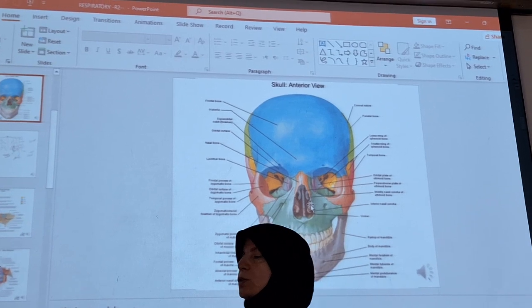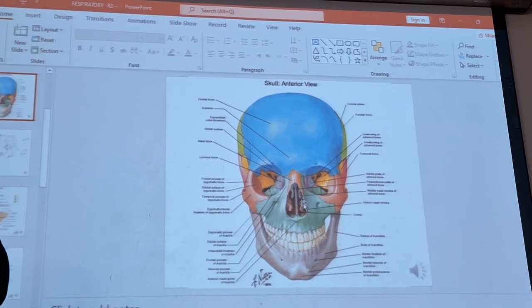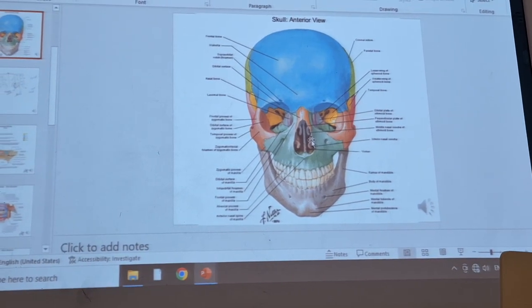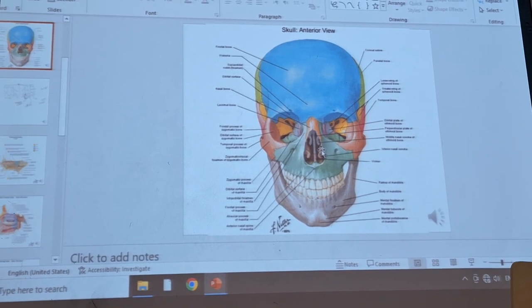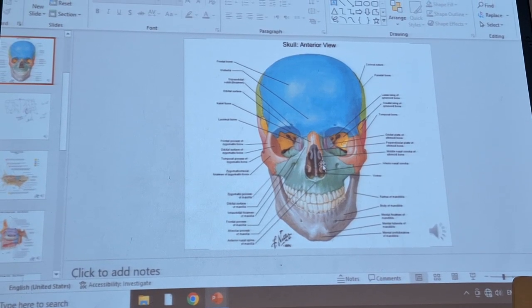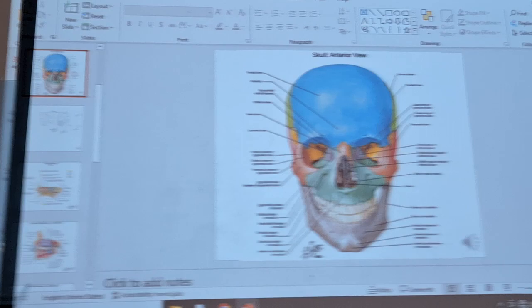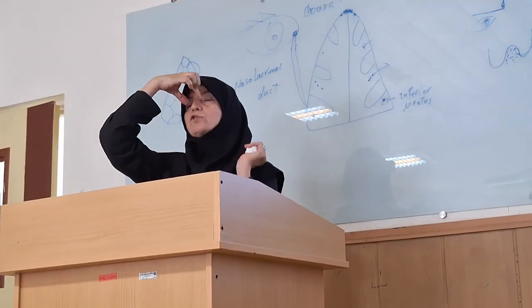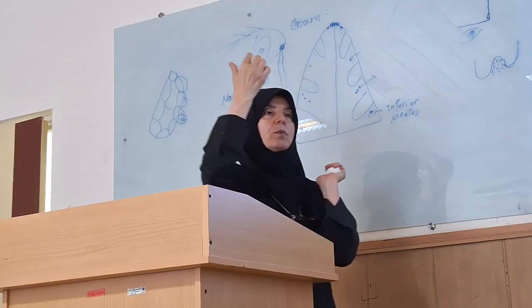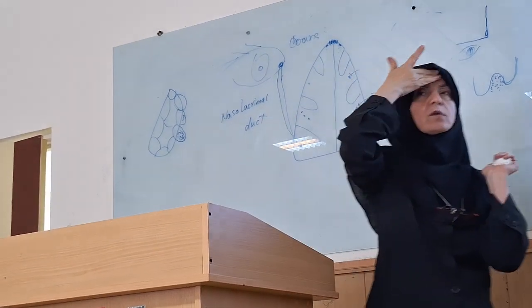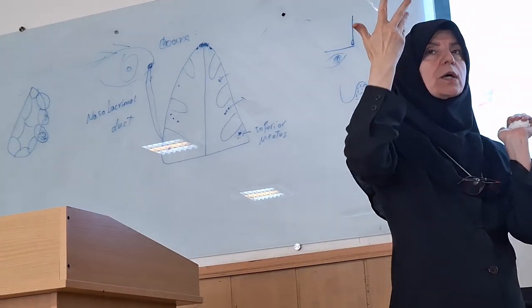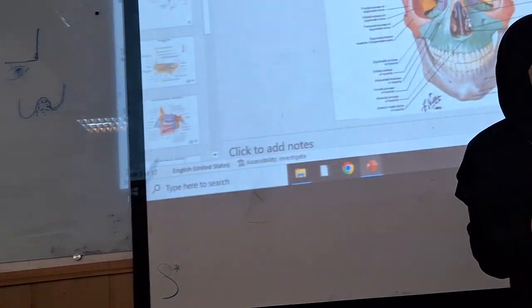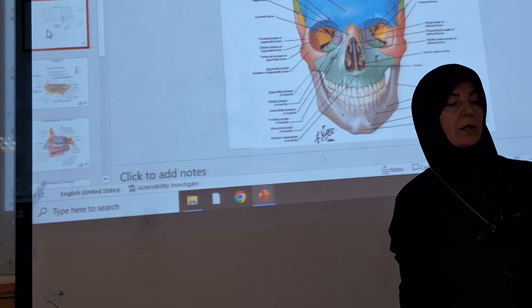So if I ask you all of the bones that participate to form the skeleton of the nasal cavity, you should remember the maxillary, concha nasalis inferior, the nasal bone, the lacrimal bone, the frontal, ethmoid, sphenoid, vomer, and palatine. Okay? Now about the ethmoid.